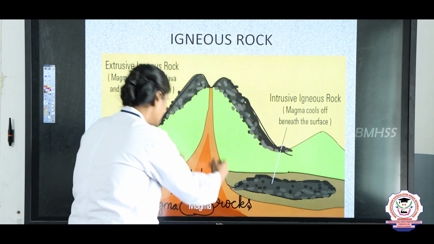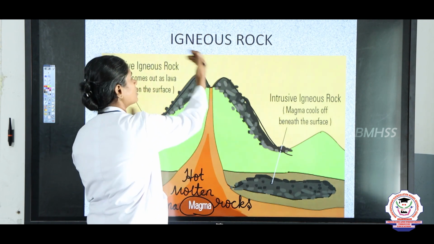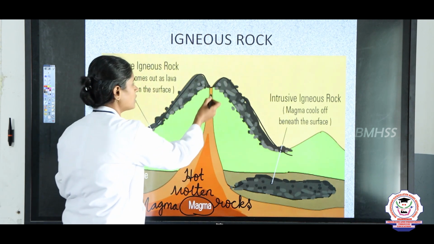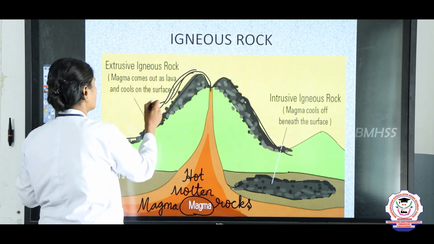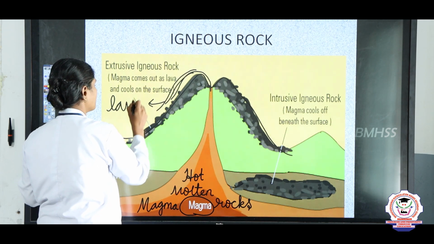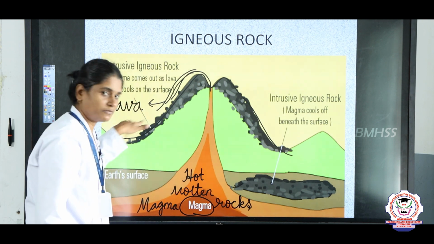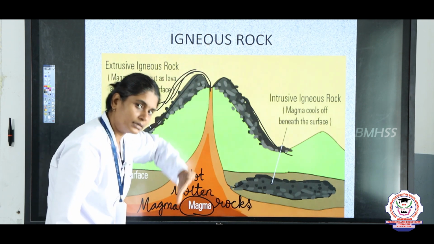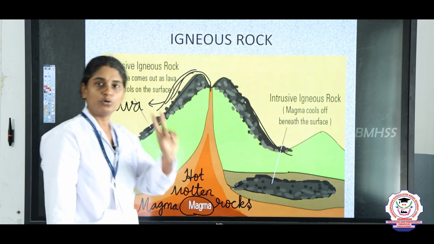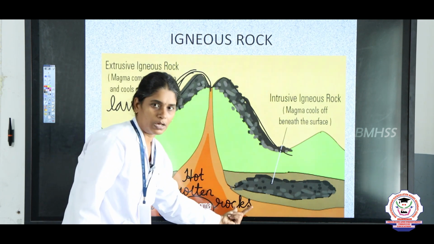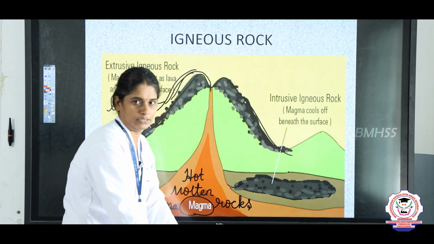This magma comes through the vent and flows out of the earth's surface. When it comes out of the earth's surface, it is known as lava, L-A-V-A. So now you know the difference between lava and magma, right? Magma is the fiery liquid that is present inside, under the earth.